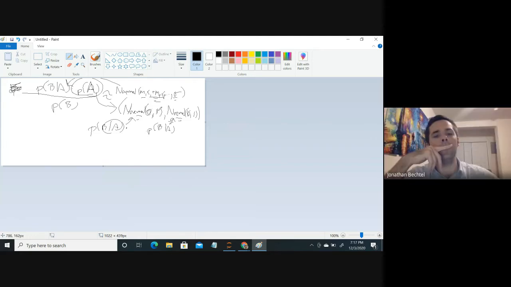Okay, and so basically what you do then is you do this over and over and over again. So step 0: you randomly draw from these values right over here and plug them into these expressions, and then you get some sort of answer.